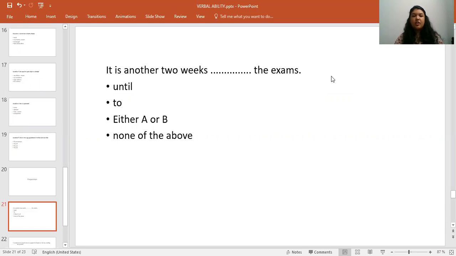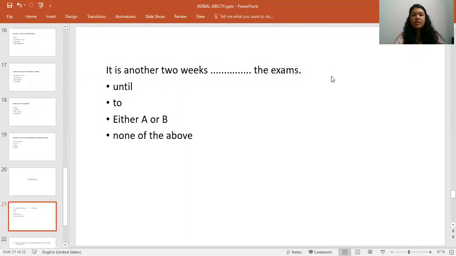Here in this sentence we are counting time, so we can use until or to. The main reason we are using either A or B is because here the preposition counts time. Another 2 weeks points out the time, so until or to can be used.